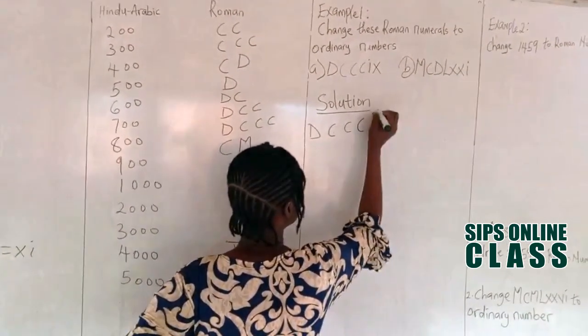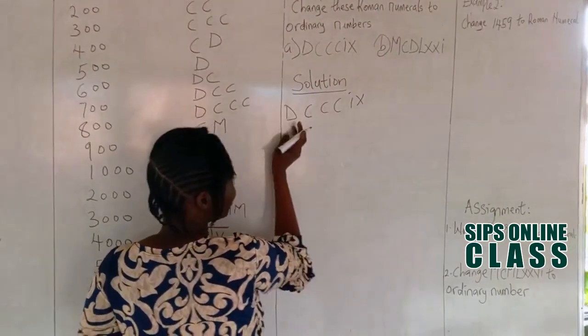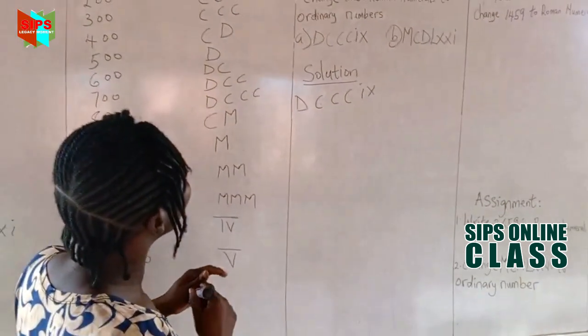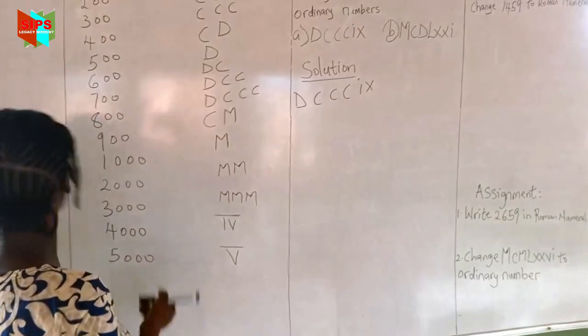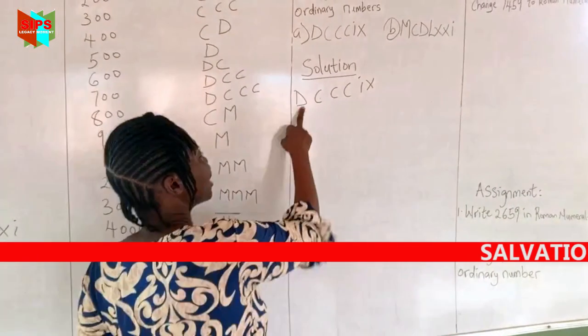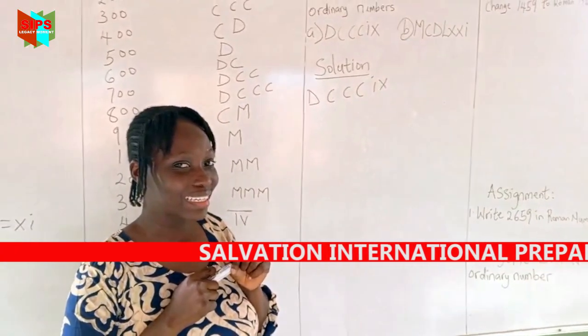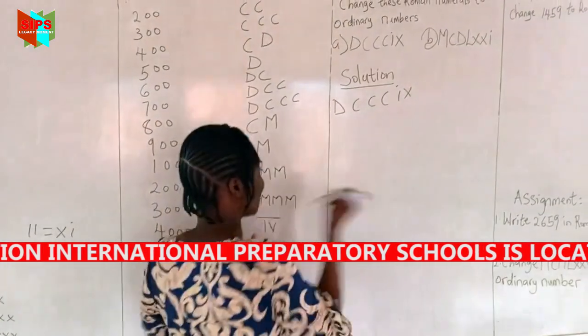If you want to solve this, we'll start from this end. We are changing it back to ordinary number, your Hindu-Arabic. So can you remind me what this stands for? Did I just hear you say 500? Bravo! You are correct.